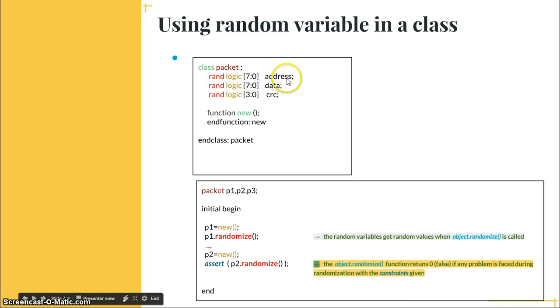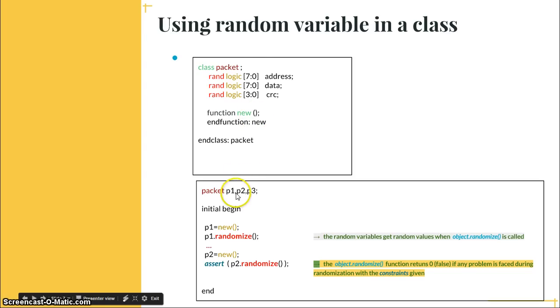This will make the address a random data member of this class, of type logic [7:0]. In the same way, the data and CRC are also defined as random members by using the keyword rand. And as all these data members are random, there is no point in assigning a specific value to these members when you create them. So the new function is empty.